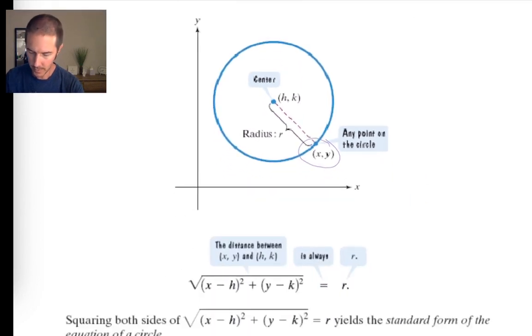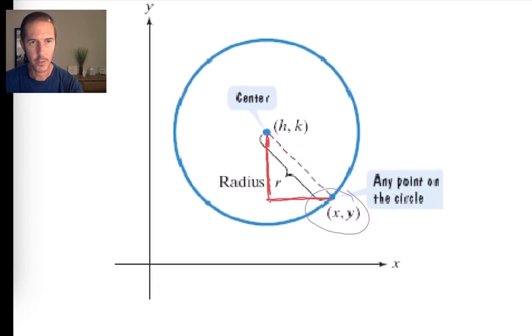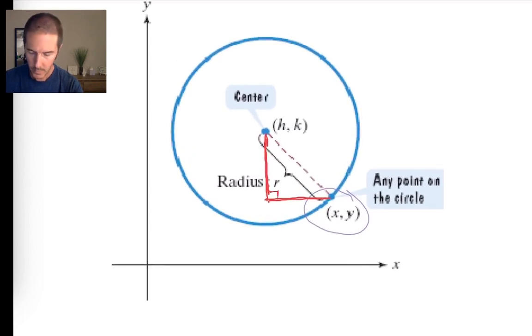If we drew in our right triangle here, right? There it is. Now the radius is the hypotenuse of that right triangle that I just created. And we could find r. It's the difference in our x values squared plus the difference in our y values squared would equal r squared. It's the distance formula.